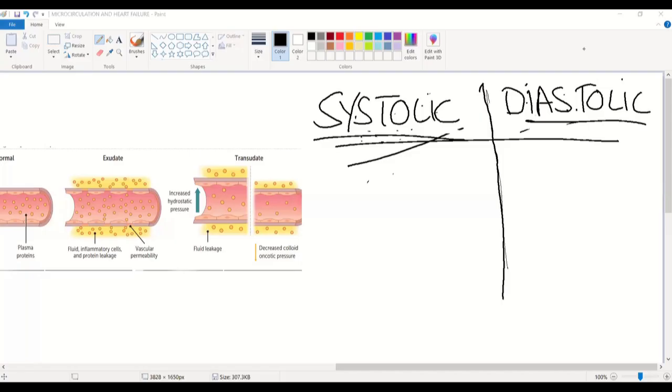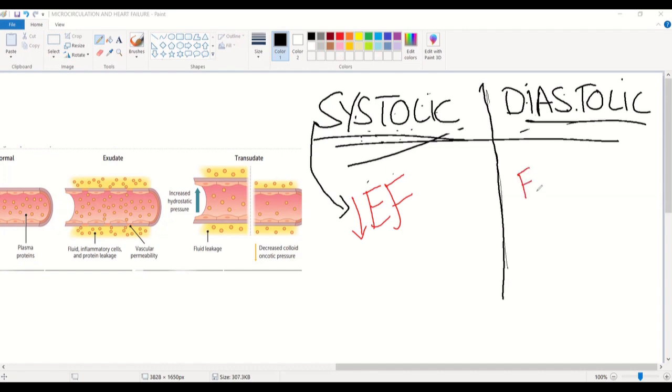The differences between systolic and diastolic heart failure. Okay. So what about the ejection fraction? Decreased. Ejection fraction is decreased. What about in diastolic heart failure?